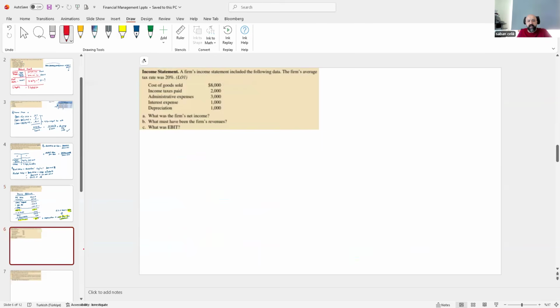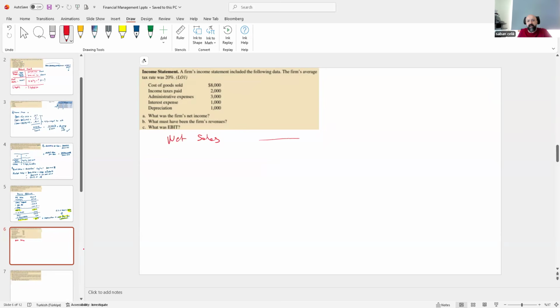So next one, another income statement problem. Again, I need to construct an income statement. Let's do it. Net sales will be, do I know net sales? No, I do not.